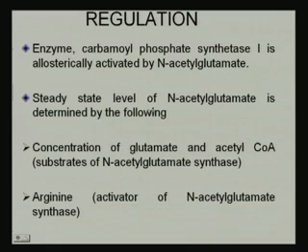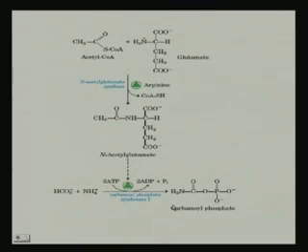The steady state level of N-acetyl glutamate is determined by the concentration of glutamate and acetyl CoA, that is one way, and another is arginine, which is considered to be the activator of the N-acetyl glutamate synthase enzyme. So, these are the two important regulators.